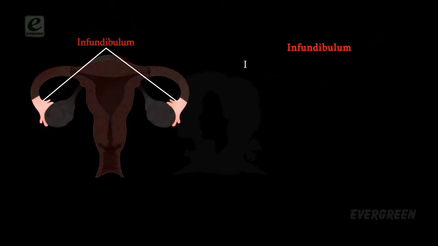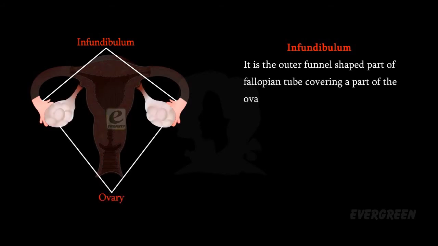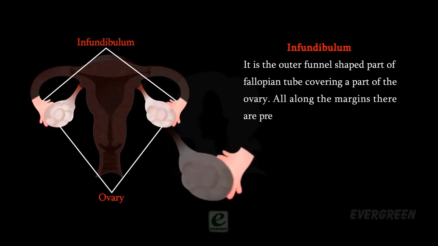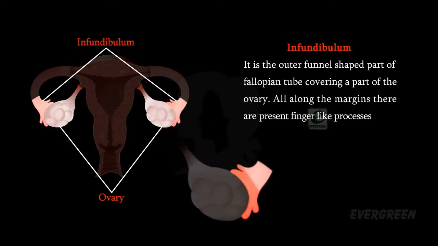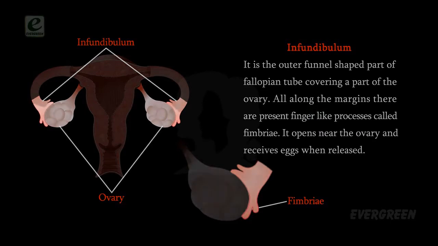Infundibulum. It is the outer funnel-shaped part of the fallopian tube, covering a part of the ovary. All along the margins, there are finger-like processes called fimbriae. It opens near the ovary and receives eggs when released.